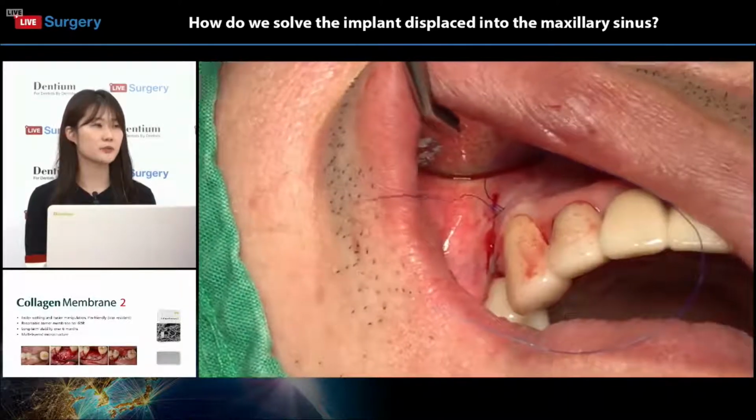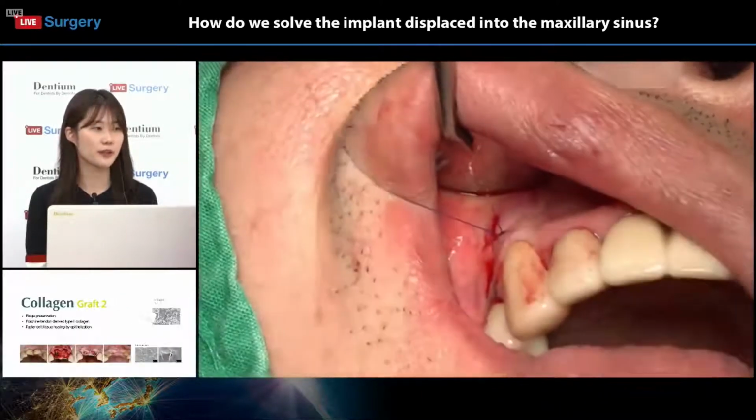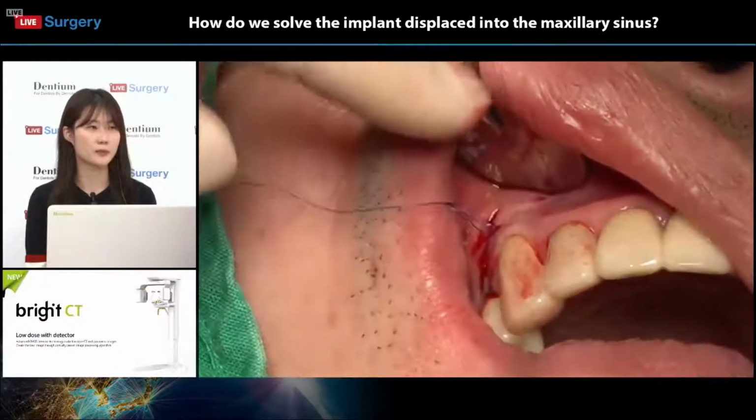This is actually a simple process, but we need to make sure that the flap is closed nicely with minimum tension.